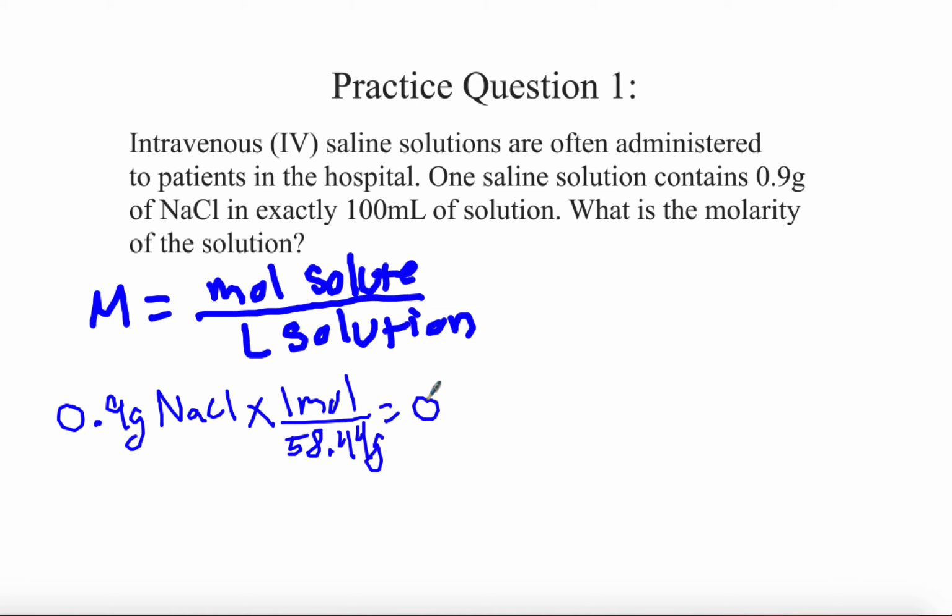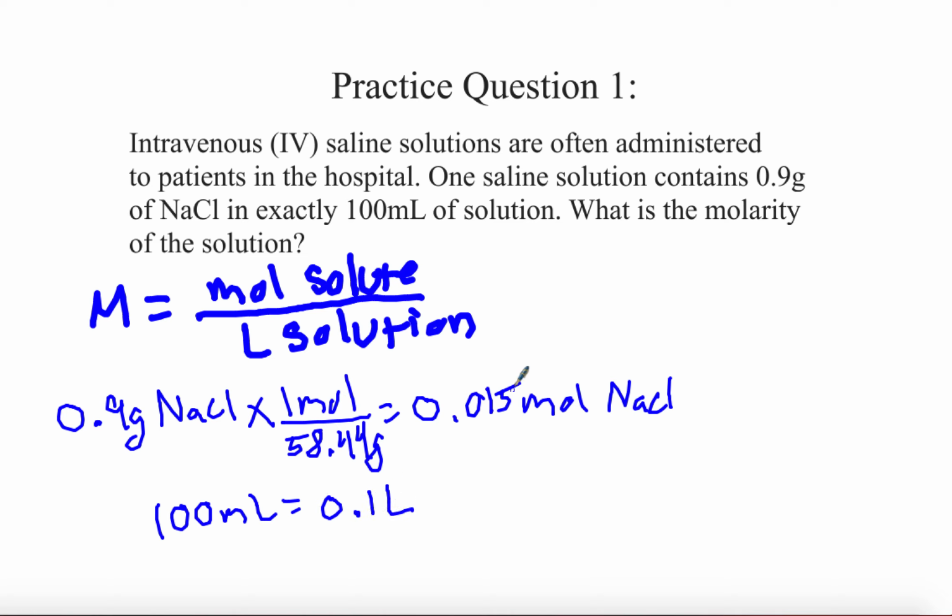That gets you 0.015 moles of salt. So we have our moles of solute. Next, we just need liters of solution. Well, if we have 100 milliliters, that is just equivalent to 0.1 liters.